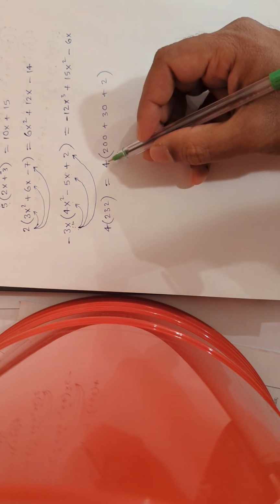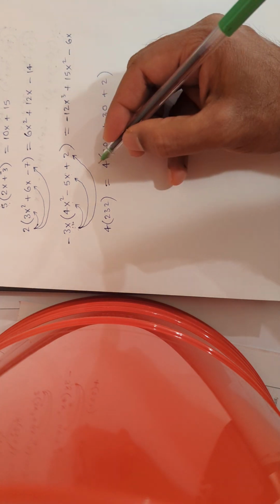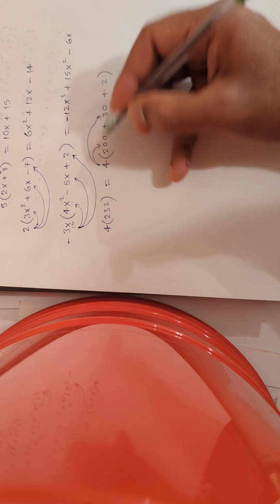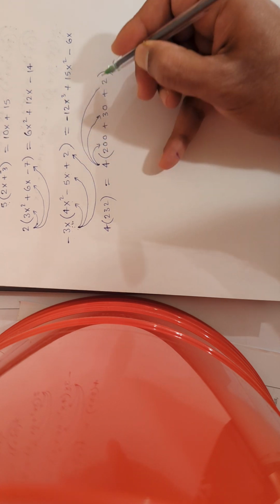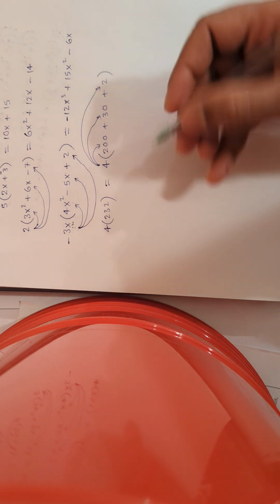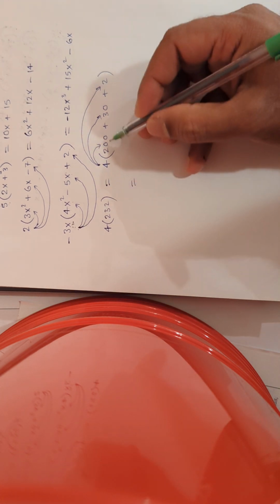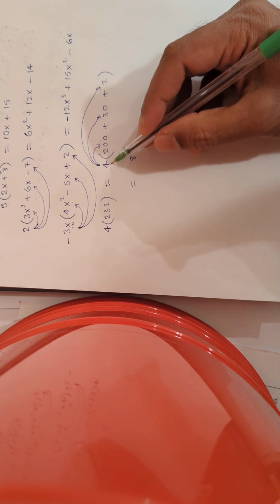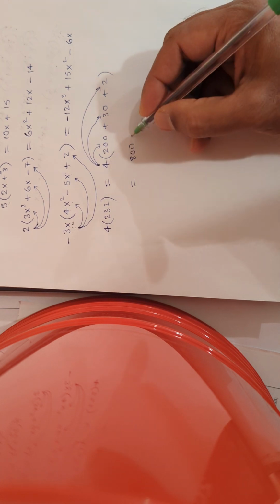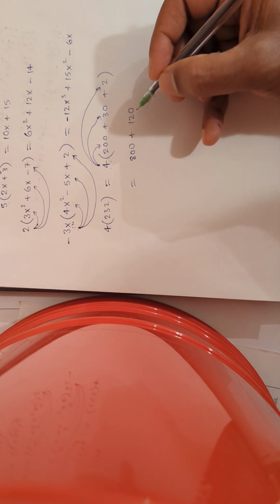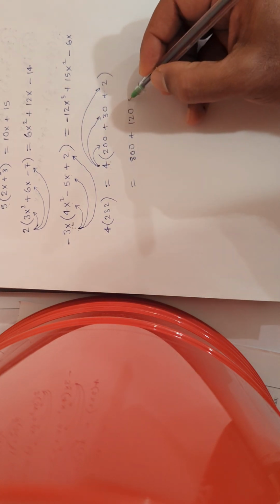And multiplying 4 with each of these numbers is not going to be bad, because each term has a lot of zeros in it. Now 4 times 200 is 800. To do 4 times 30, I'll do 4 times 3, which is 12. So 4 times 30 would be 120. 4 times 2 is 8.